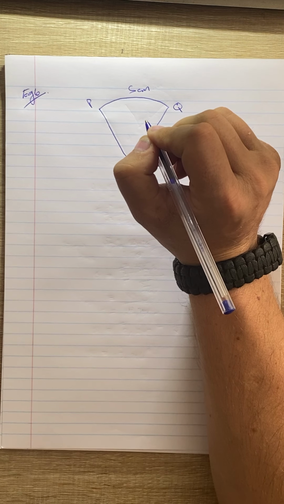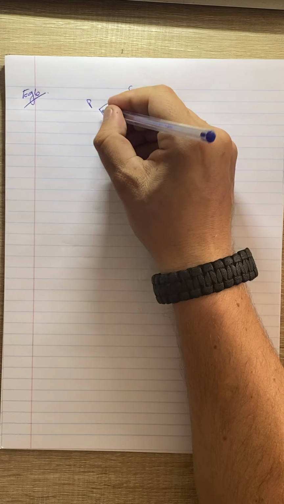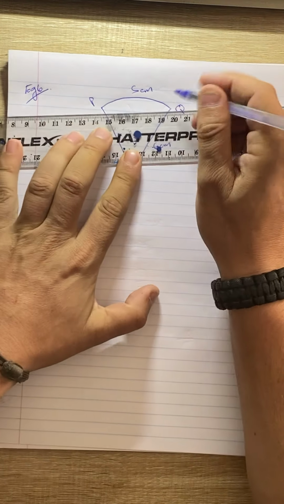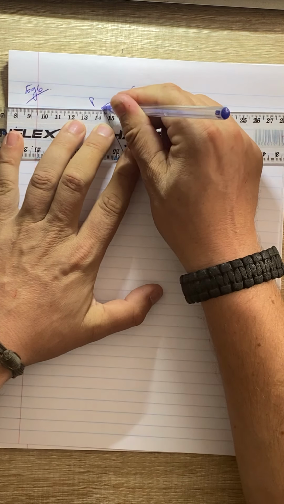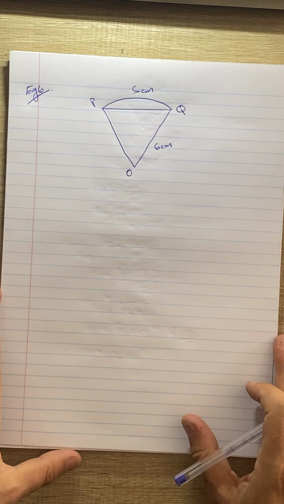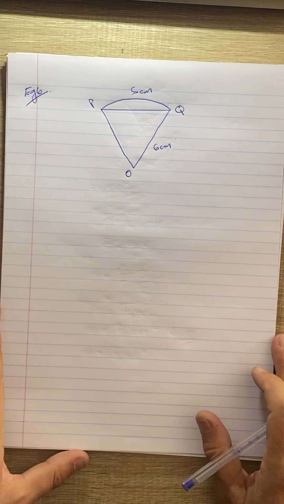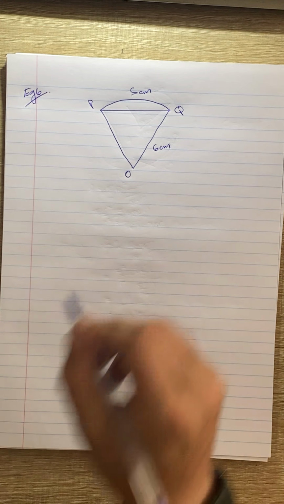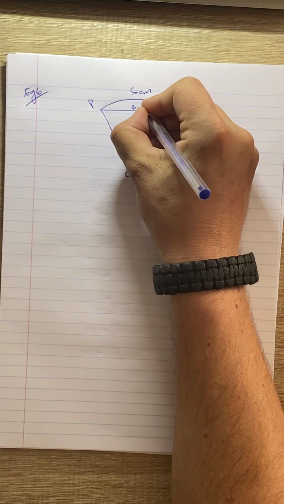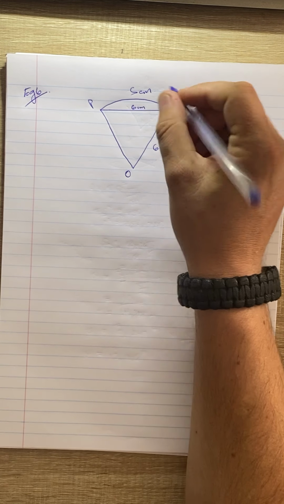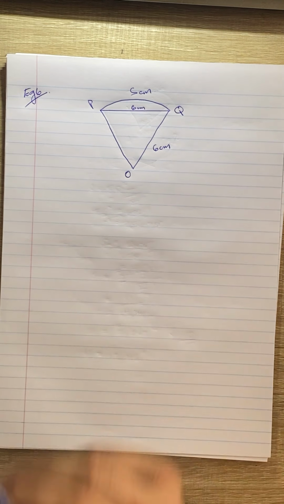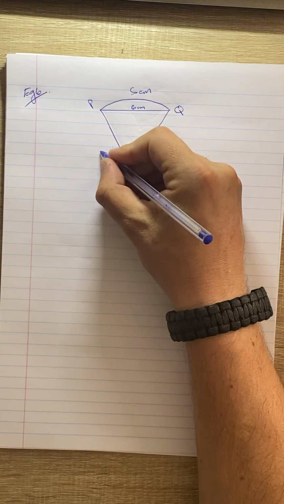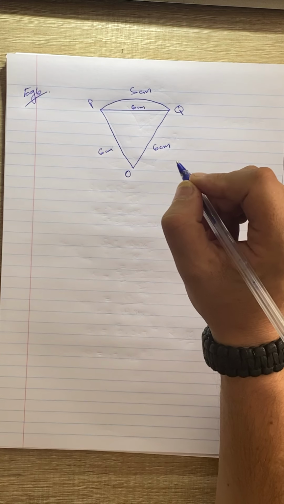Given that the length of the chord, so this is the chord between P and Q, it's that straight line bit over there. Okay. Given that the length of the chord PQ is 6, calculate the value of S. Okay, so because this is a radius and this is also a radius, this will also be 6 centimeters.